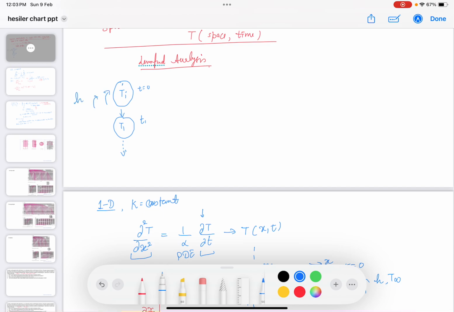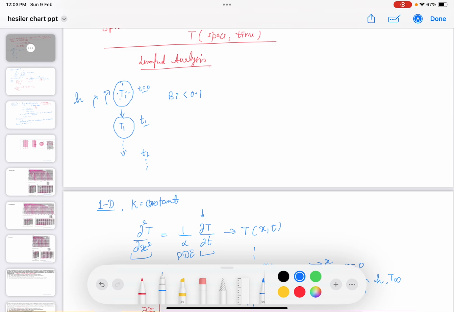It means every point in the body has the same temperature at every instant, t equal to 0, t1, t2, and so on. So there is no variation of temperature with respect to location, and the only variation is with respect to time. Such bodies are called lumped bodies. I have stated this previously also, and for those cases the Biot number is generally less than 0.1 to consider it to be a lumped body.